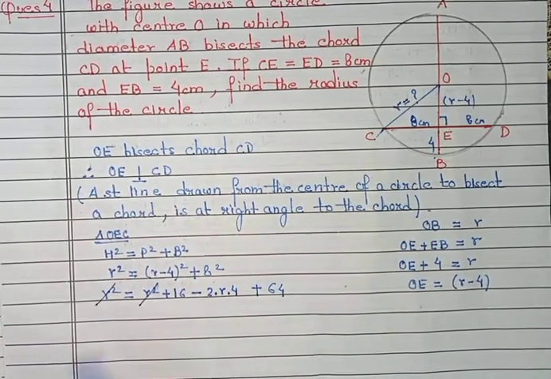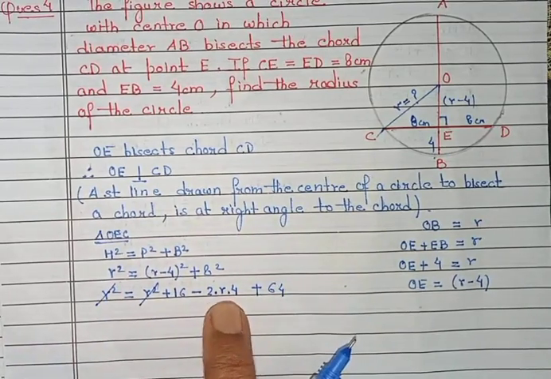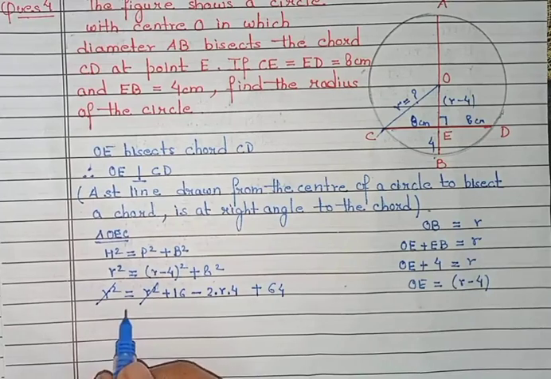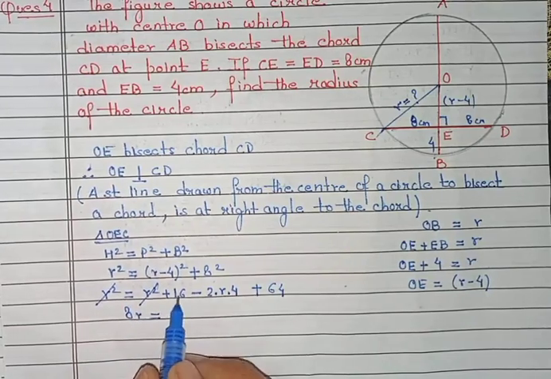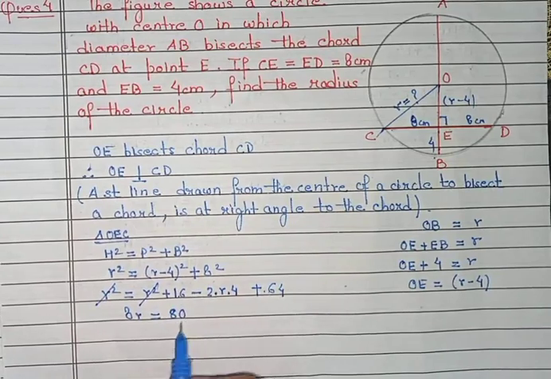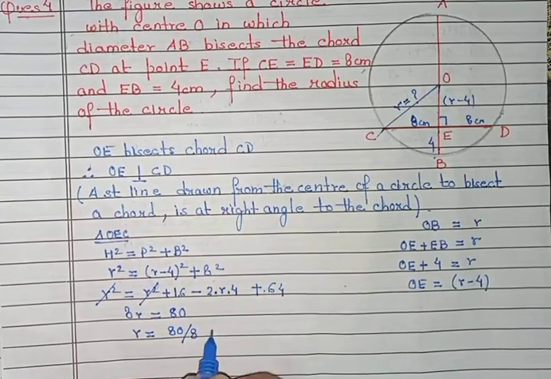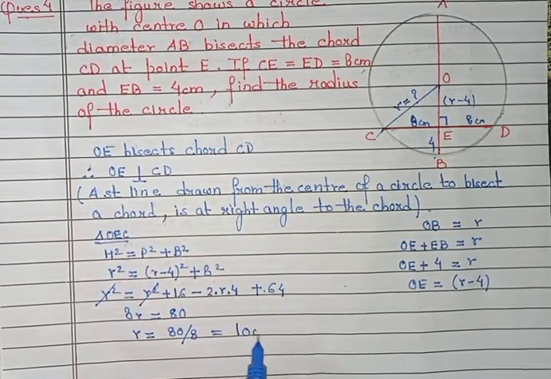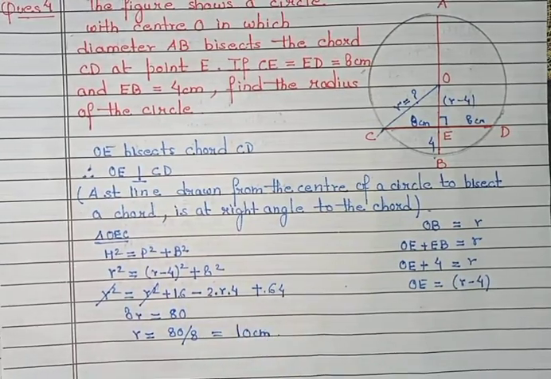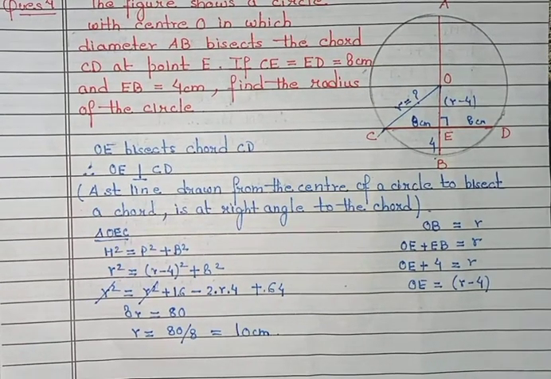R square will cancel out. This will become minus 8R. You will transfer it this side, so plus 8R. On the right side 16 plus 64, that will give you 80. So R is equal to 80 by 8. So that will be 10 centimeter. So the radius will be 10 centimeter. See, this is clear to you?